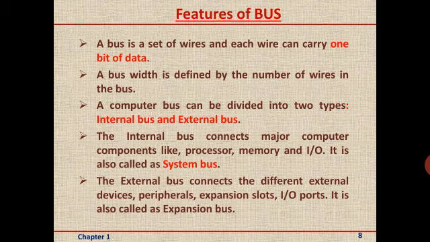Computer bus can be divided into two types. First is internal bus, second one is external bus. Internal bus connects components like processor, memory, I/O. It is also known as system bus.